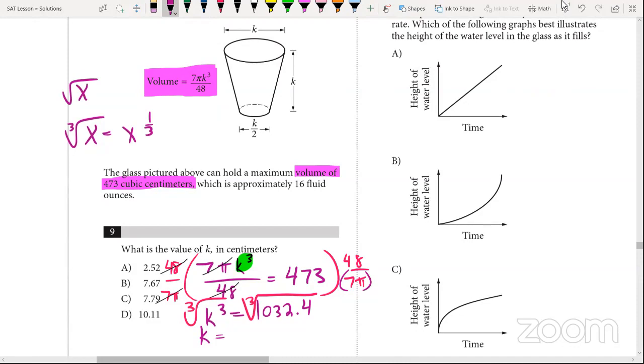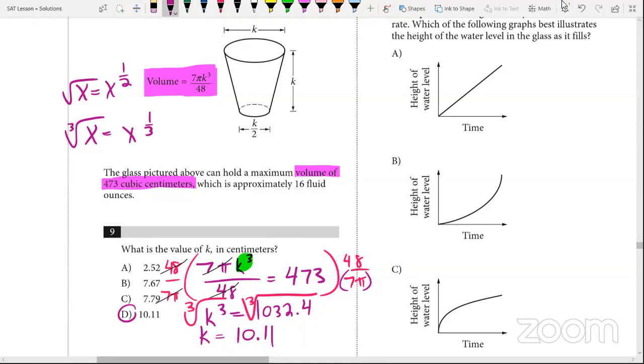And the square root of a number is the same as that number to the 1/2 power. So just a little thing there that you may not realize, you don't know how to do that until you try. But the cube root of 1032.4 is 10.106, so 10.11, which matches answer choice D on number 9.